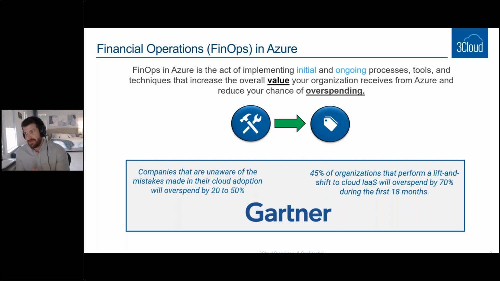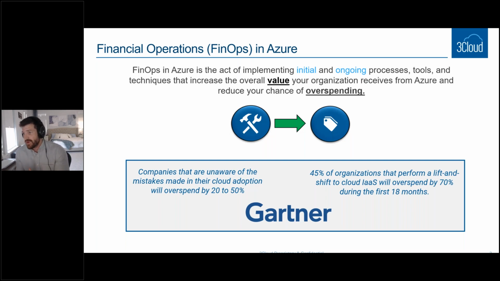The idea behind these processes, tools, and techniques is to increase the overall value your organization receives from Azure. It's very specific that I put value there because when we talk about spending in Azure, it's possible that you're spending more in Azure, but you're getting significantly more value. Maybe as part of your financial operations, you increased the size of a virtual machine or scaled out more virtual machines, and that gave you better customer performance. So when your customers were logging in, they started running 3 times faster.